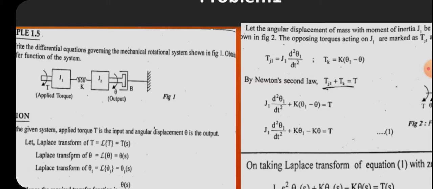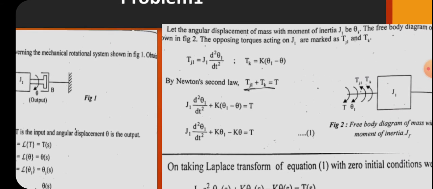So we write Tk as K into theta 1 minus theta 2. Okay, you got the idea? Since K is connected between J1 and J2, there will be two displacements, so we take the differential displacement. That is the point.